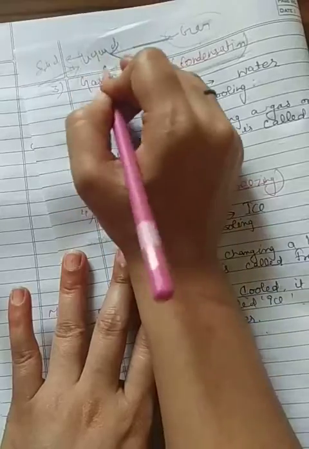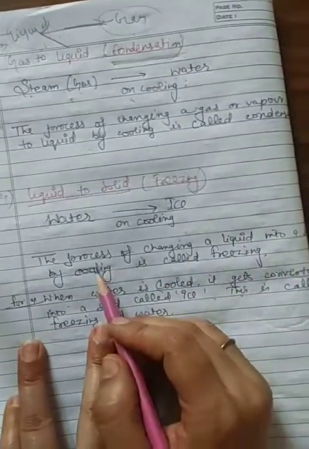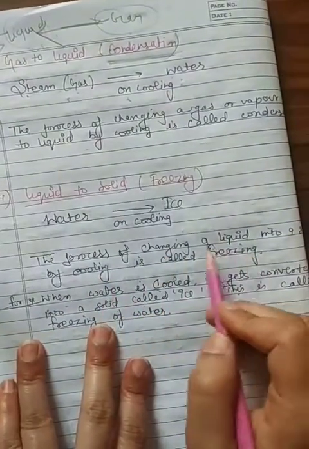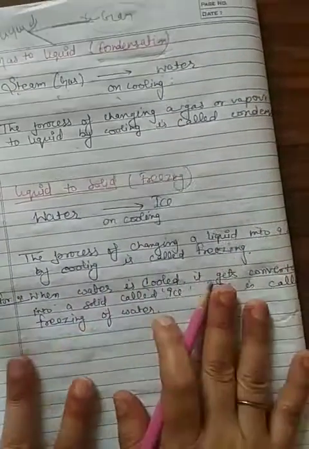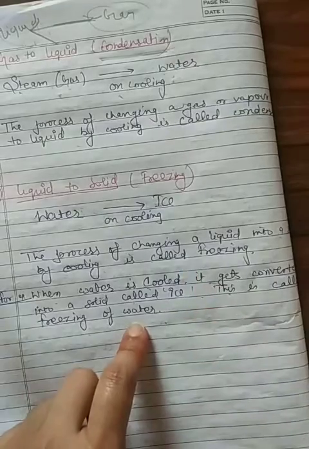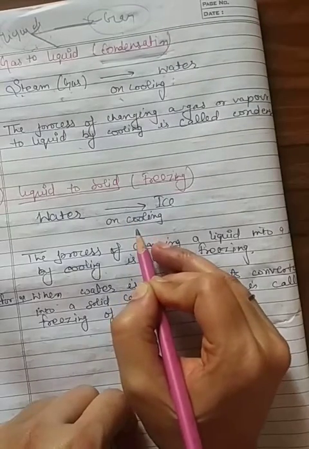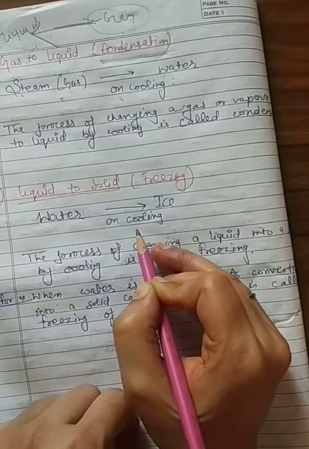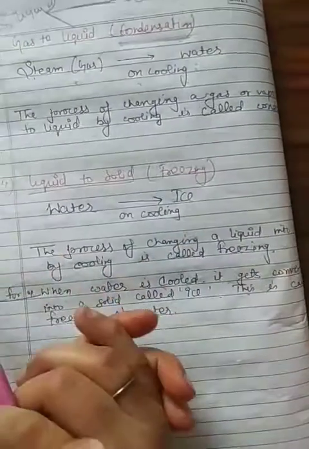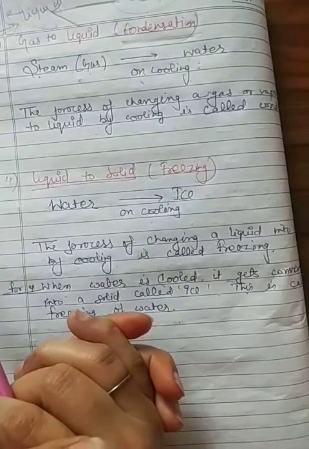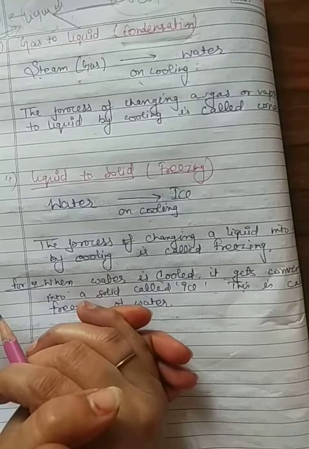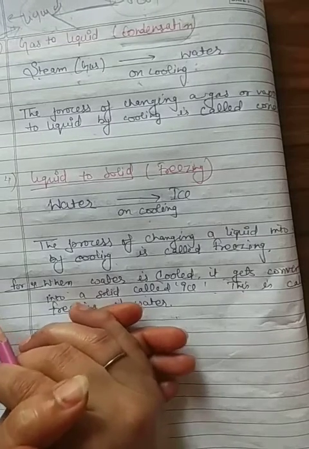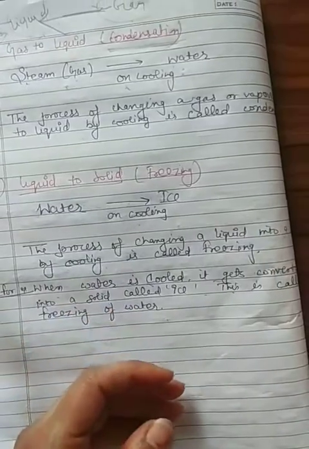The process of changing a liquid into a solid substance by cooling is called freezing. On cooling any substance, the particles of that substance get closer, and their movement decreases. In this way, they change their states.